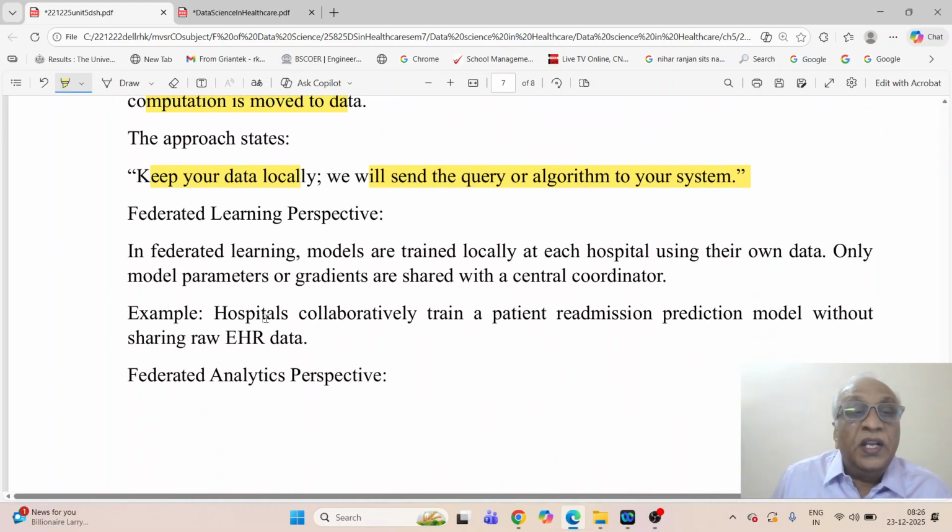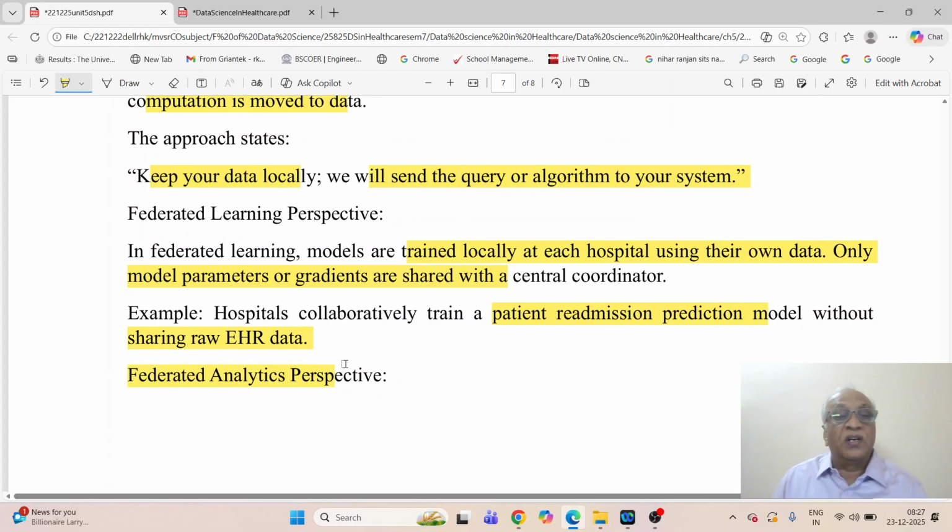Now, in a federated learning ecosystem, models are trained locally at each hospital using their own data. Only model parameters or gradients are shared with a central coordinator. For example, hospitals collaboratively train a patient readmission prediction model without sharing raw EHR data.